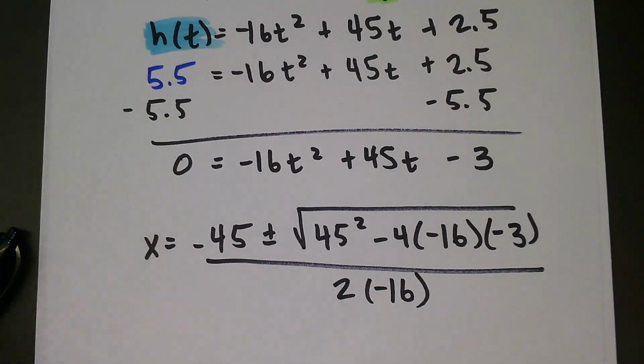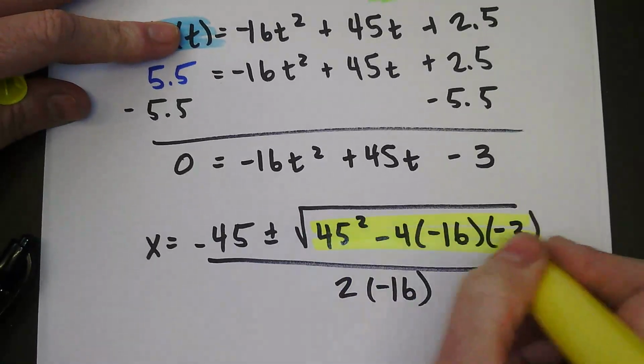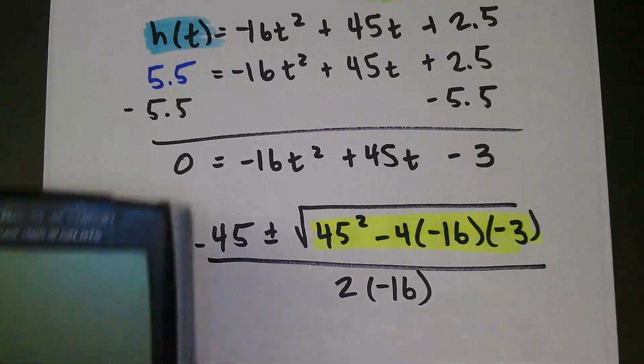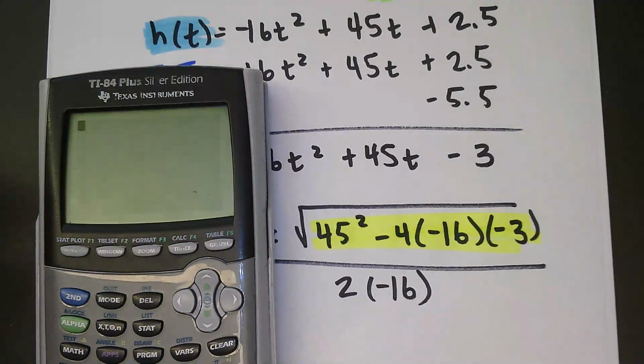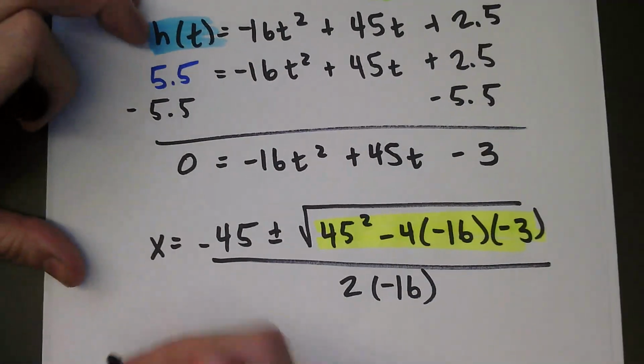These are big numbers. What I would recommend doing is typing just the discriminant into the calculator first, to get that down to something more manageable to type in one fell swoop. So we'll do 45 squared minus 4 times negative 16 times negative 3, and that's going to give us this number, 1,833, which is big, but it's going to be faster to type in.